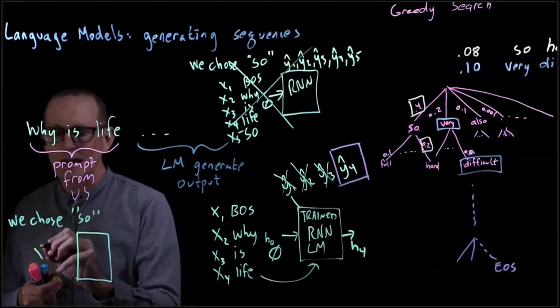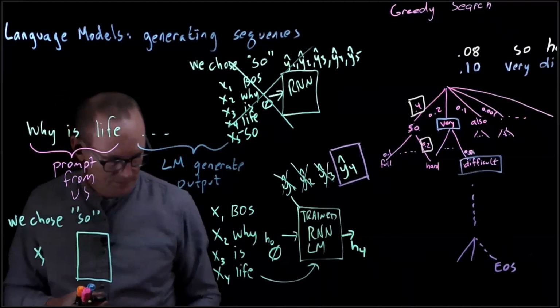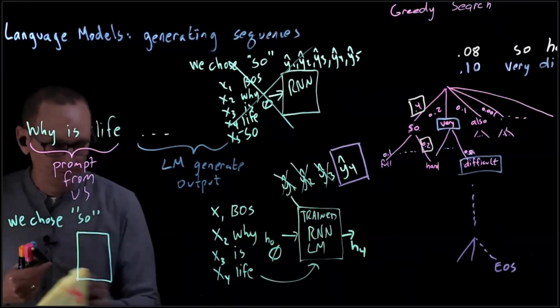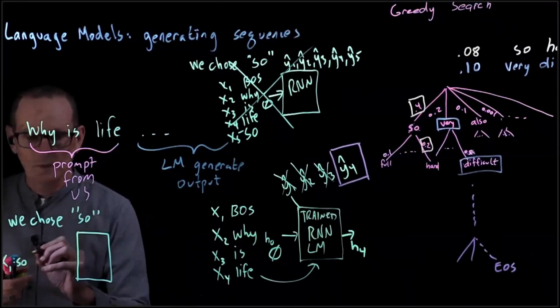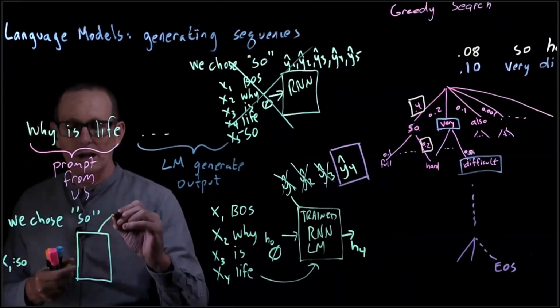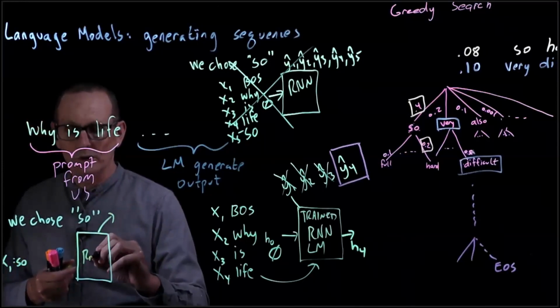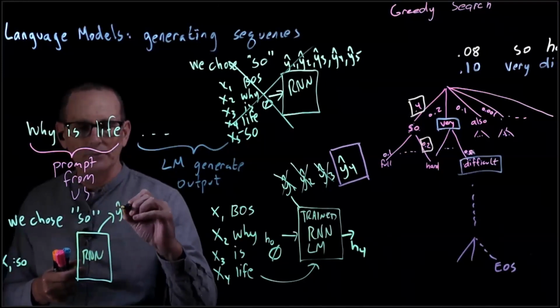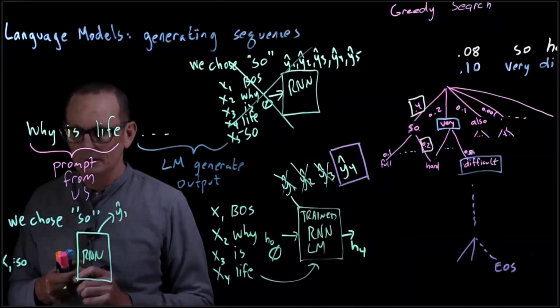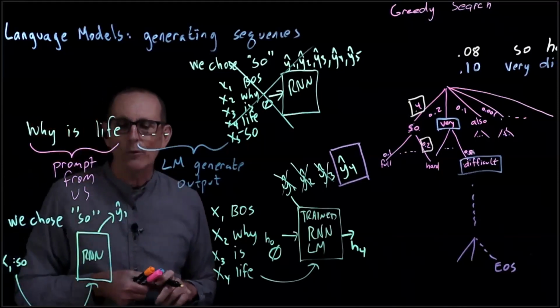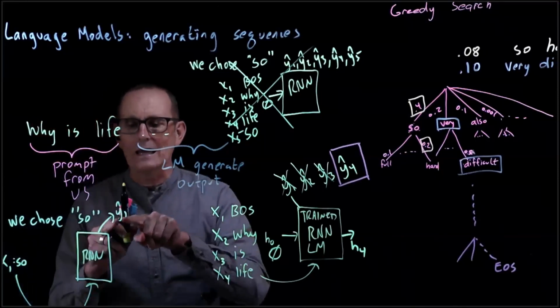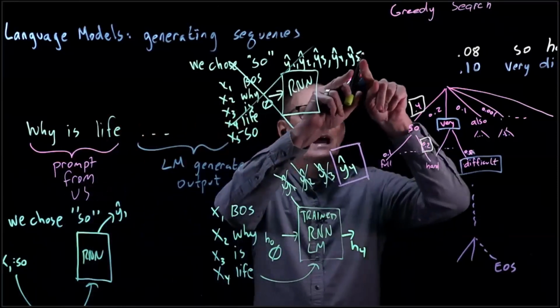We're going to feed in x sub 1 is "so". Since we feed in 1 x sub 1, we're going to only get out 1 y hat sub 1. So x sub 1 is going to go in here. Y hat sub 1 is going to go in here. How are we going to ensure that y hat sub 1 here is identical to y hat sub 5 here?